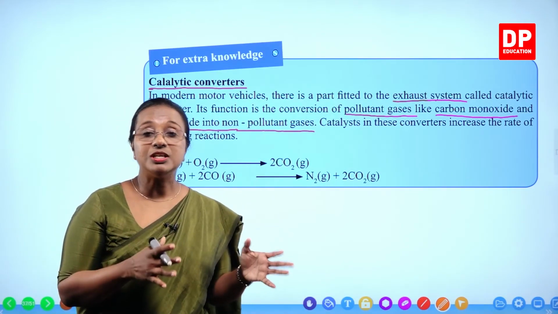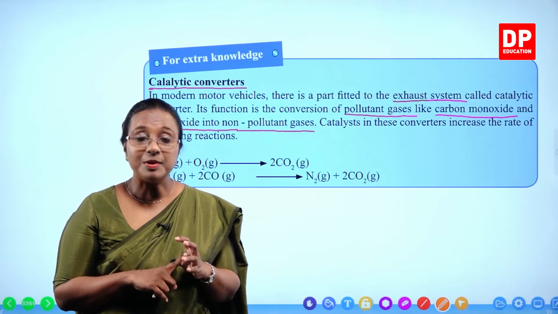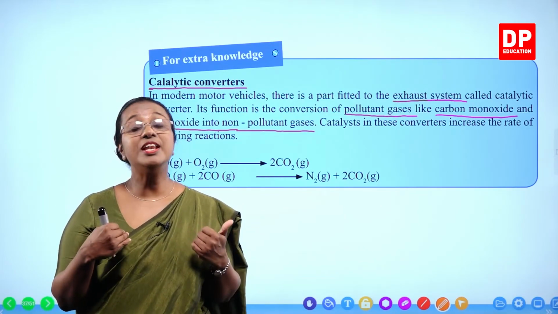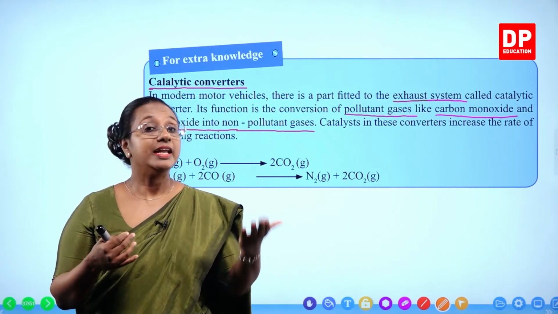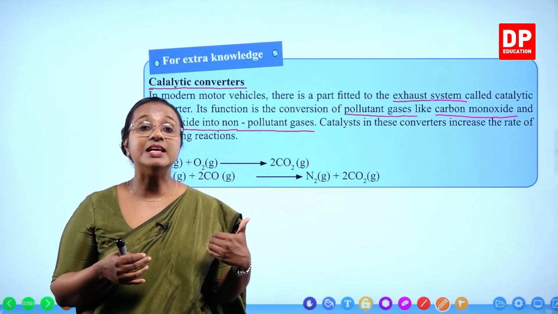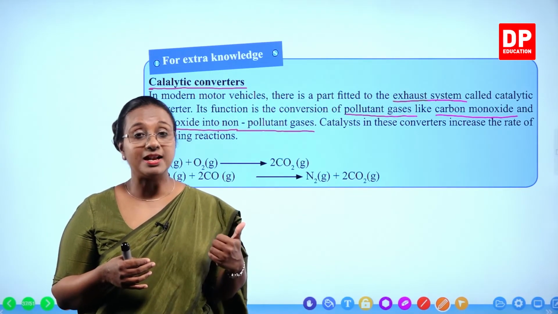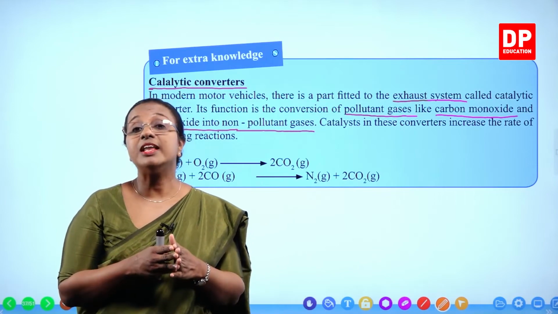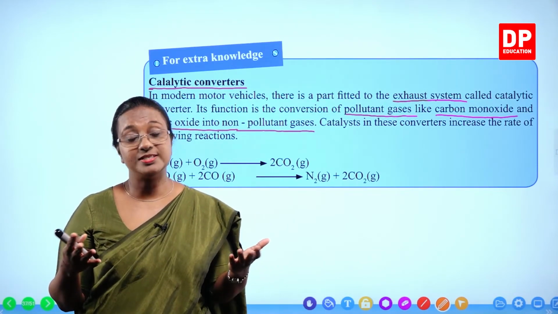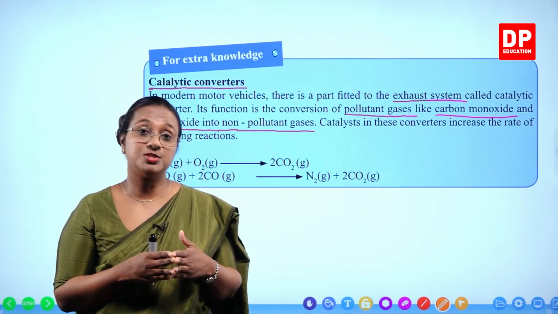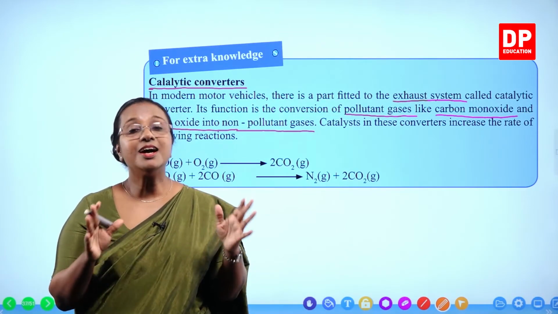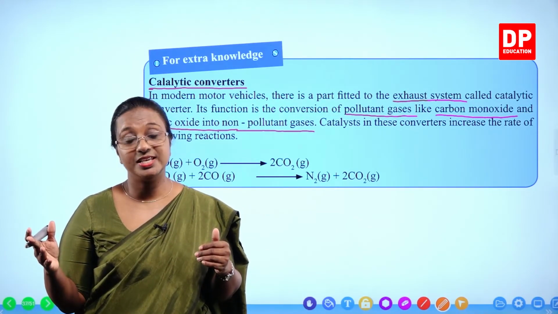For example, carbon monoxide is very toxic to us. It can bind with the hemoglobin in our blood, and that can become very harmful to us. It can sometimes become fatal also.